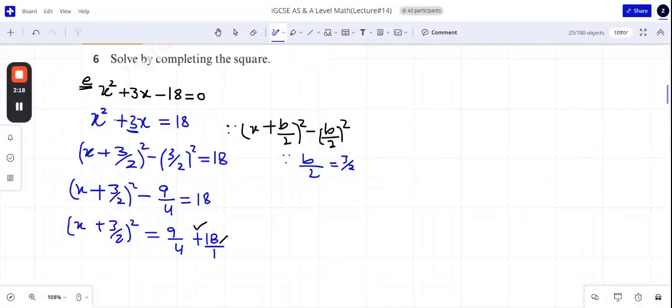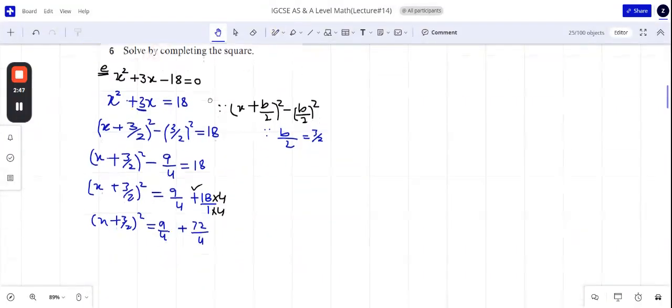On the other side we can make the denominator 4 if we multiply with the 4 and divide the fraction with 4. So now the x plus 3 by 2 whole square we will keep same, which is equals to 9 by 4 and then plus 18 times 4, 72 over 4 times 1 is 4.